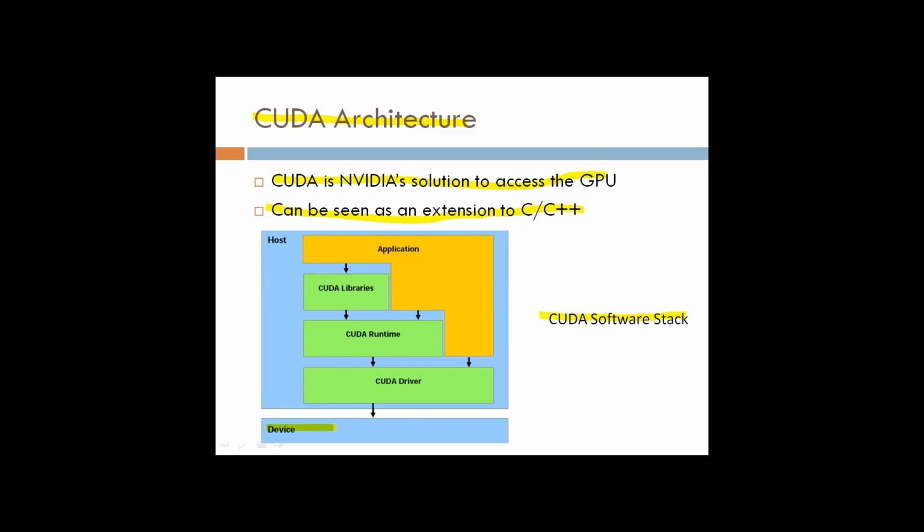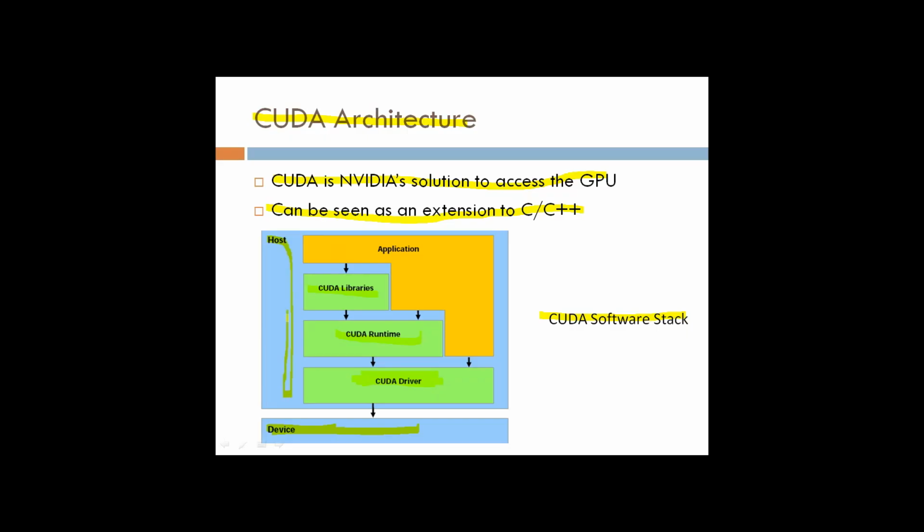We have the device, that is the GPU device. Over it is the CUDA driver, which is basically provided by the graphics card driver, which we can install on our PC, right? Then there is the CUDA runtime environment. Then there are CUDA libraries, and all of these are installed on the host.